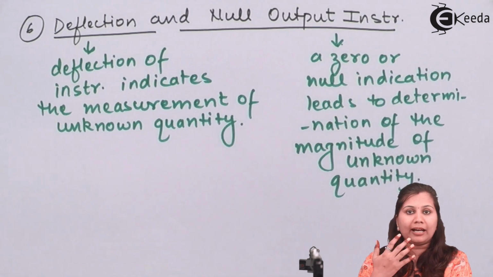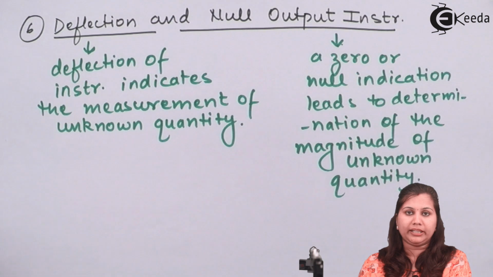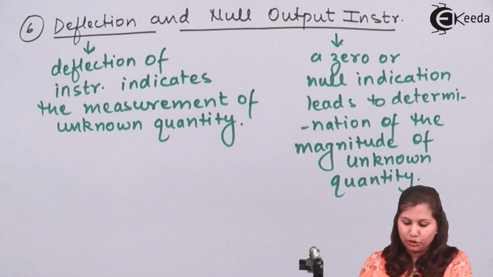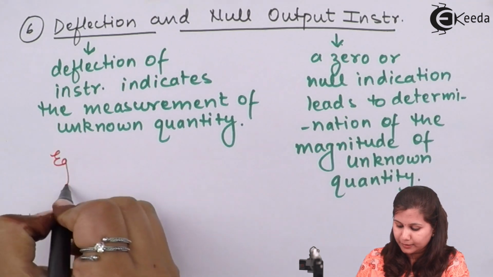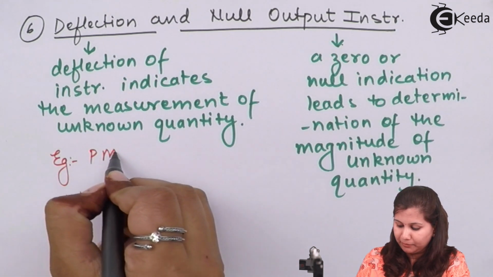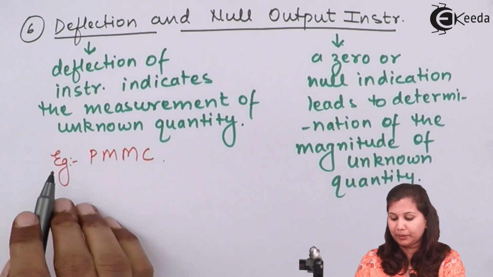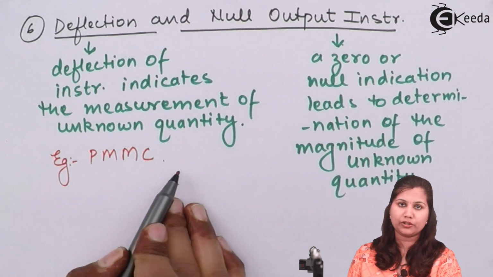So the value of the unknown quantity is measured due to the mechanical movement of the pointer, which is caused by the movement of the coil. So the example of a deflection instrument is the PMMC instrument, that is, the permanent magnet moving coil instrument.